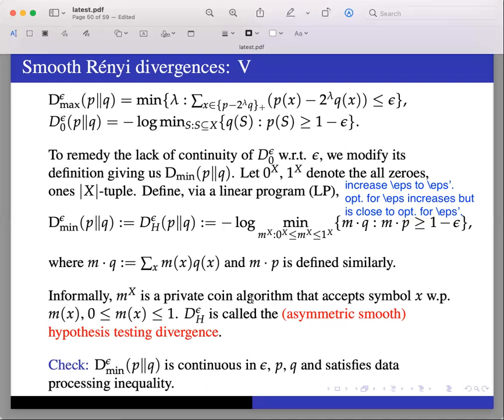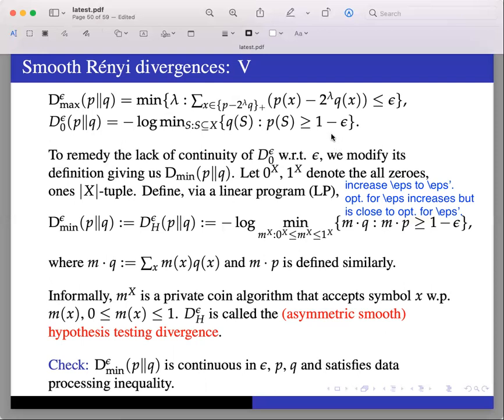It is given a symbol x, and it accepts it with probability m of x. In this part of the definition, this has nothing to do with p or with q. This is just the behavior of the algorithm. So the inner product of m and p says that this algorithm will accept p with probability 1 minus epsilon.